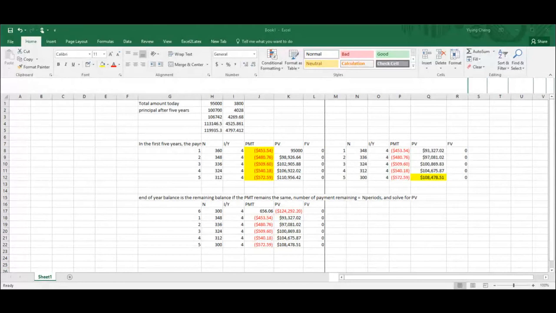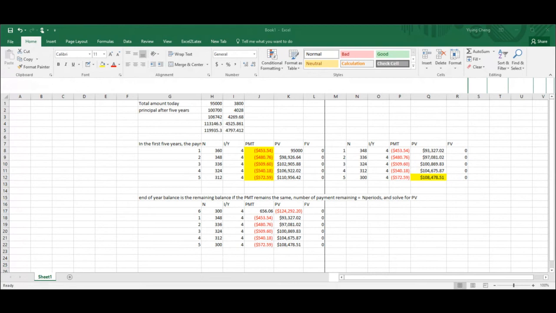For the 348 payments, each payment is 453.54, which is the payment we calculated previously. We use this payment to calculate the present value, or remaining balance, if in the future all the payments are going to remain 453.54. With that assumption, the balance outstanding is going to be 93,327.02.